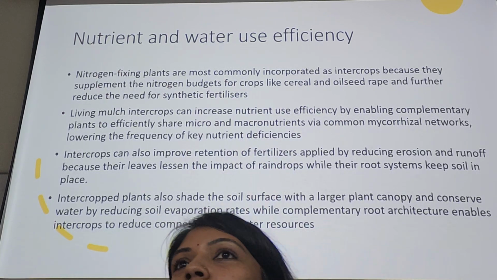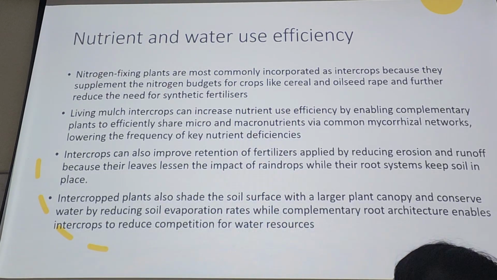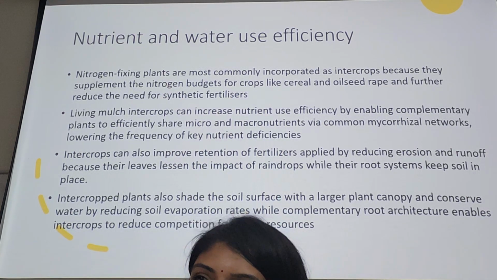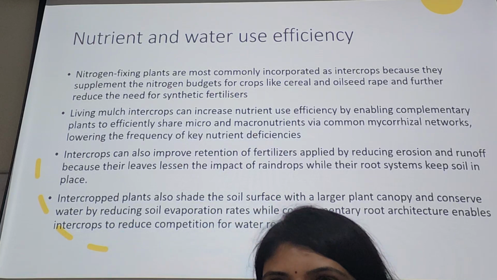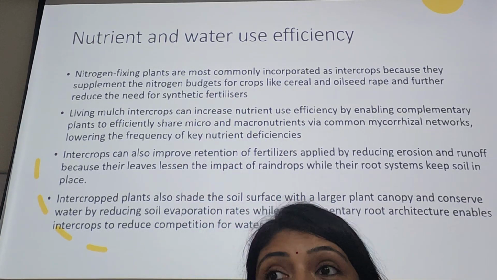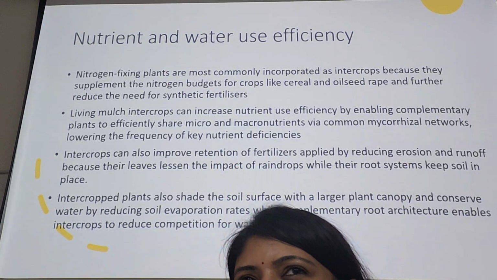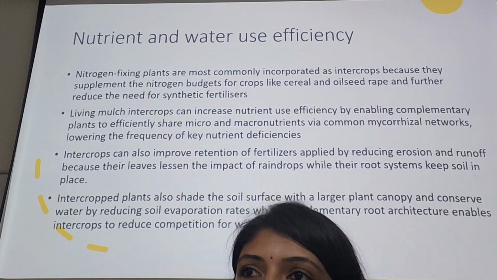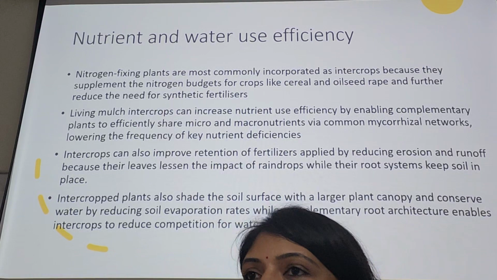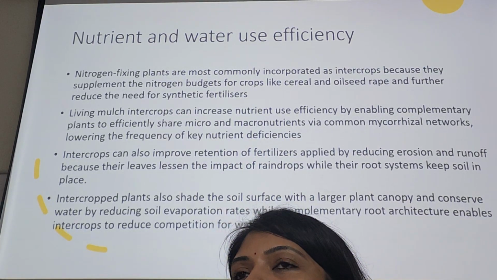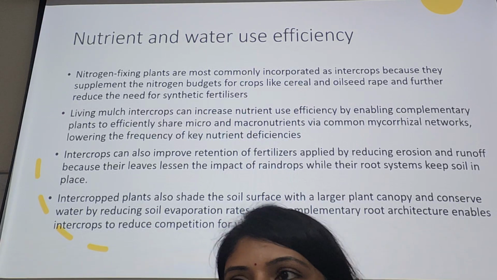Apart from this, intercropping also improves the retention of fertilizer because there's no space in between your rows of crops. The ground is fully covered and held by all the roots of the plants. So indirectly, it reduces soil erosion and also reduces fertilizer runoff.